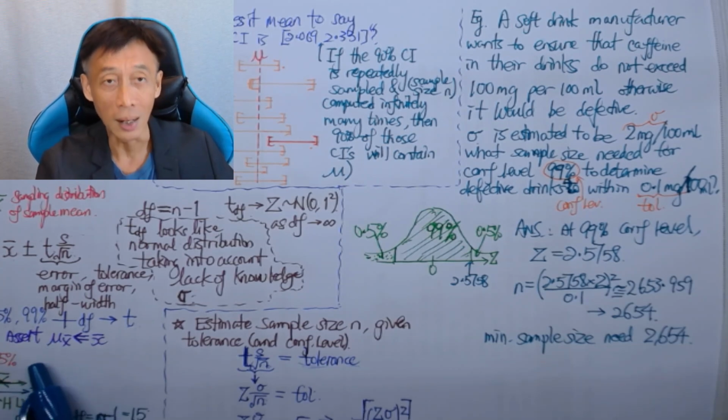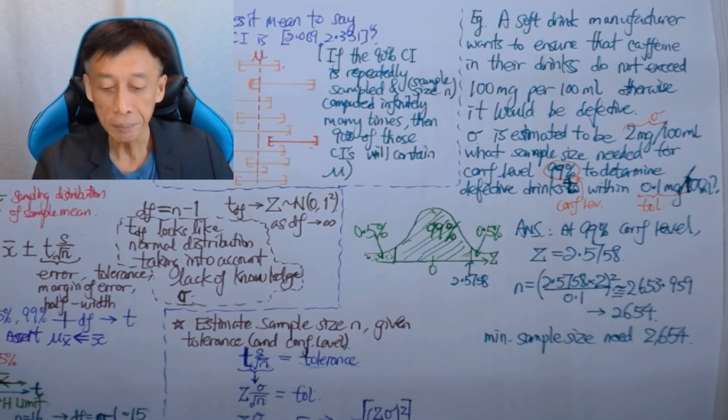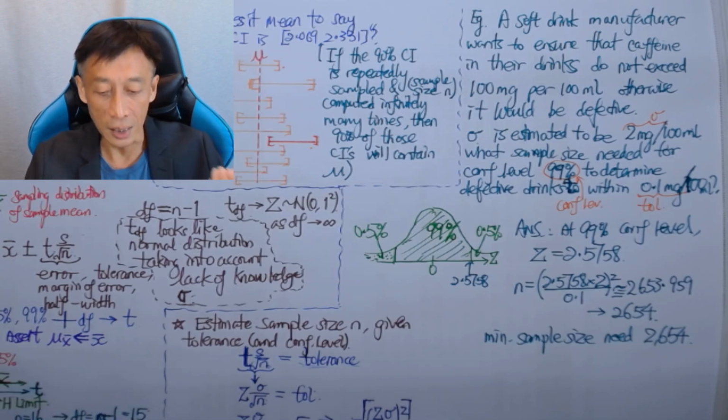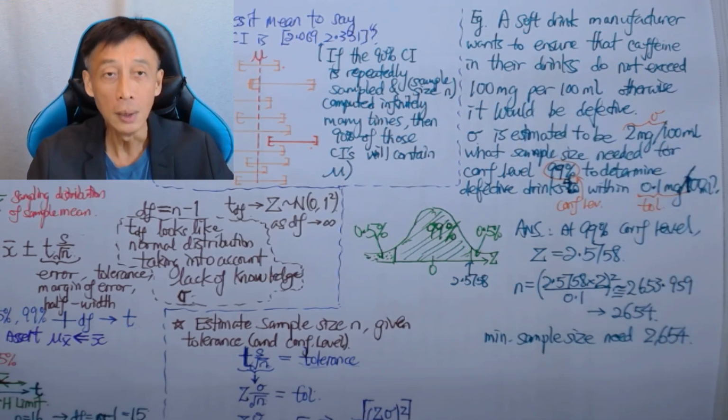We measure X bar, S, and then form the confidence interval, right? If that is going to exceed the 100 mg per 100 ml, that means it's too much, right? Maybe it's 105 milligrams per 100 ml.